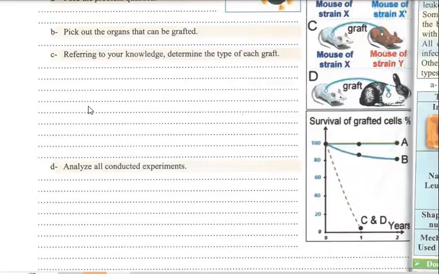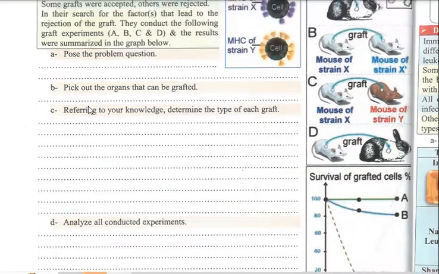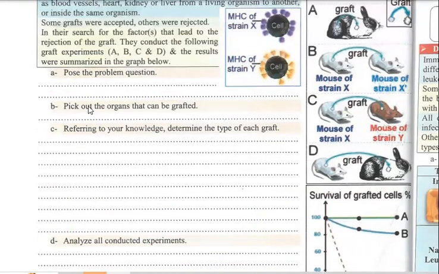Analyze all conducted experiments. When we have to analyze, we have to say what happened and the results. So what happened here? We grafted from one side to another in the same body of a rabbit. Results are here.